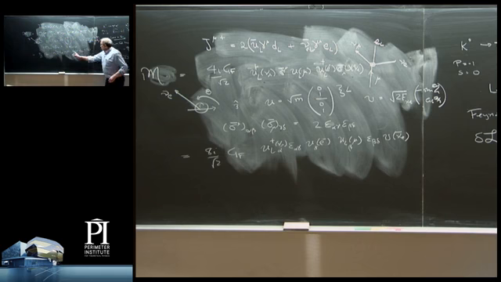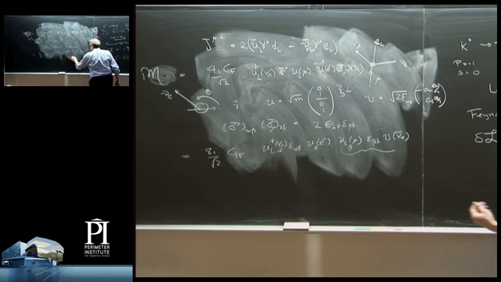That's why I wrote out this spinor, because this product here is now very simply evaluated. It's the square root of 2 times the energy of the neutrino times the mass of the muon times the sine of theta over 2.